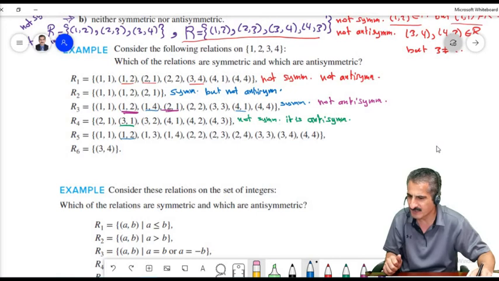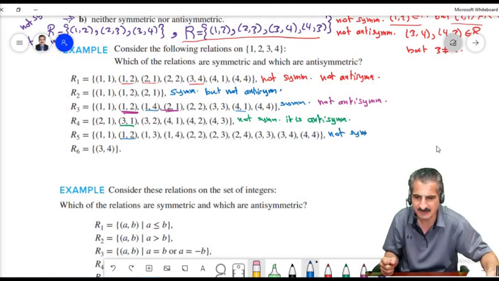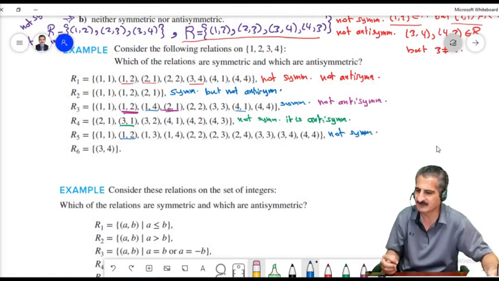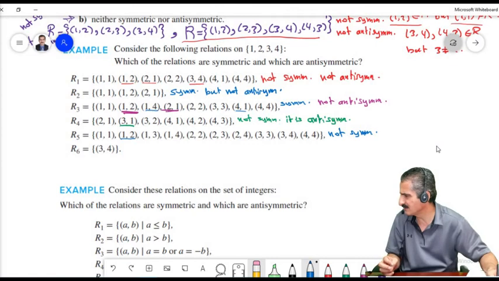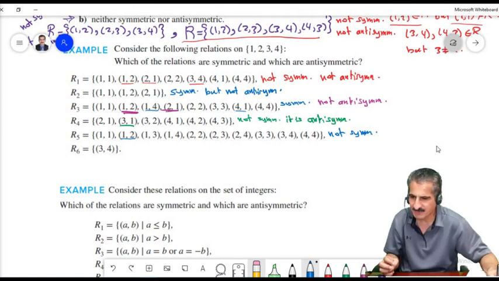Now we have, it is not symmetric. We have (1, 2) here, but we don't have (2, 1). So this is not symmetric. What about anti-symmetric? It is not anti-symmetric? Are you sure? What's happening? Okay, it is anti-symmetric or not?